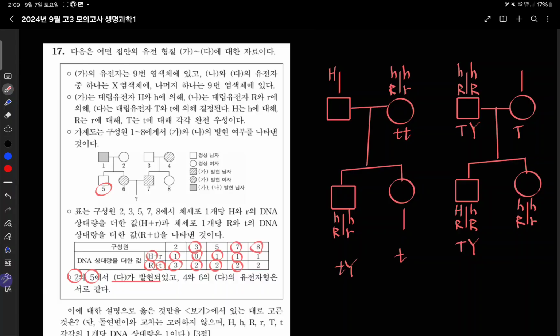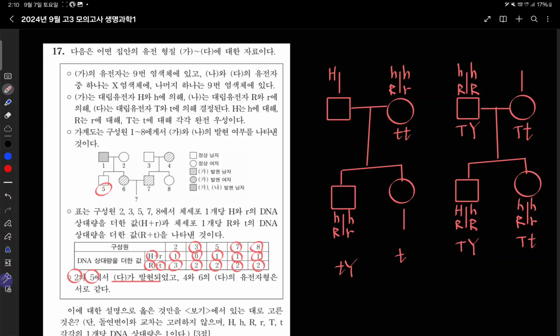And that means for this number, she's also heterozygous for the third trait. This means she needs to receive lowercase t allele from her mother.